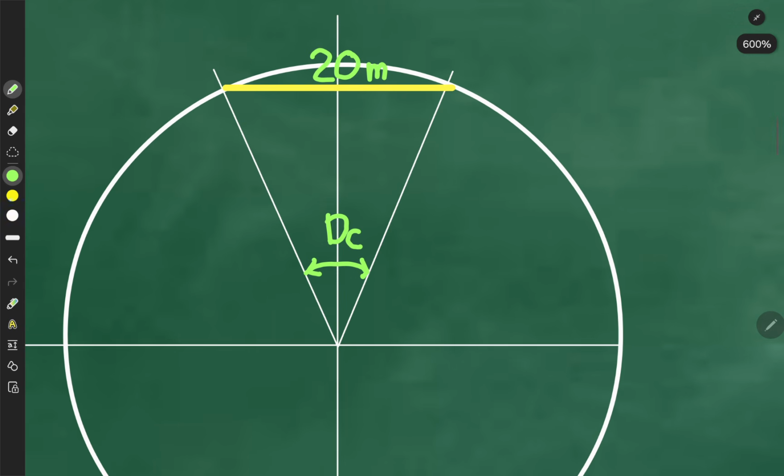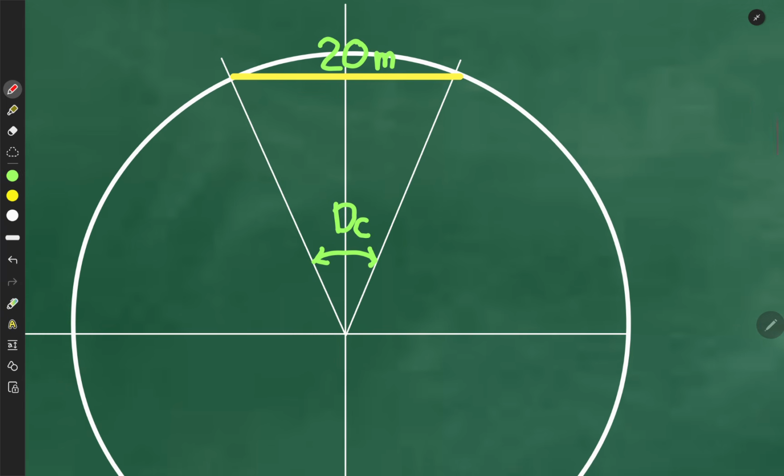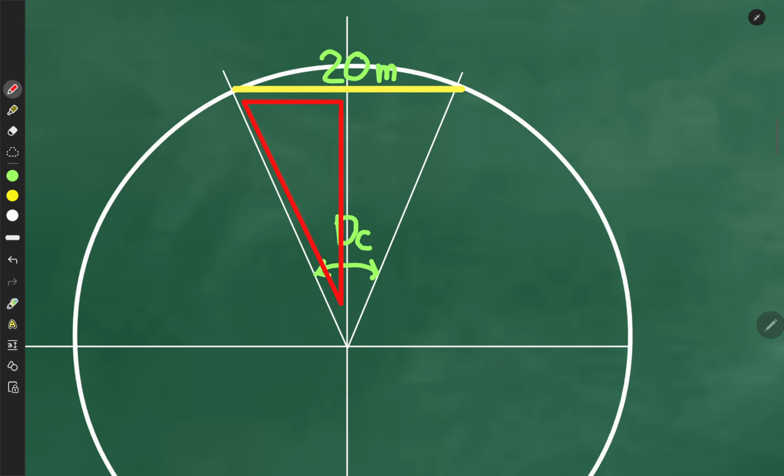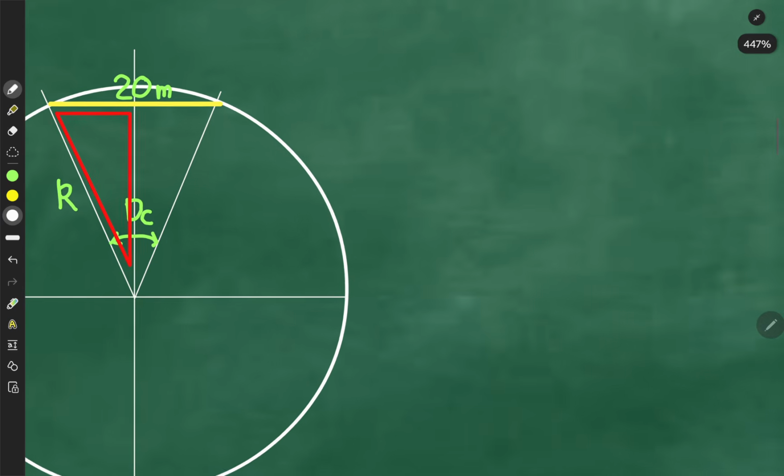So if we are going to isolate this one, let's just isolate this triangle. So this is still our radius. Ano na ngayon yung angle na to? So yung angle na to ngayon is just half of our DC. So we are going to isolate this one.